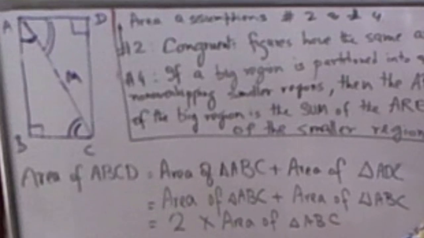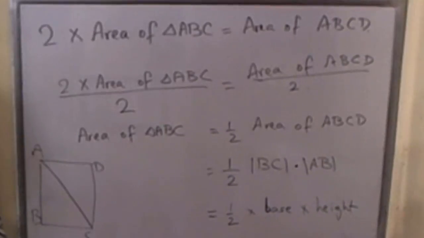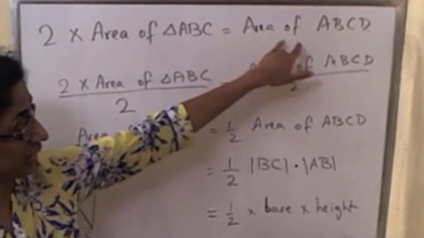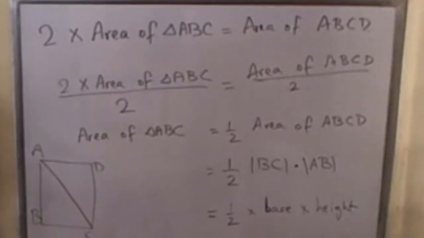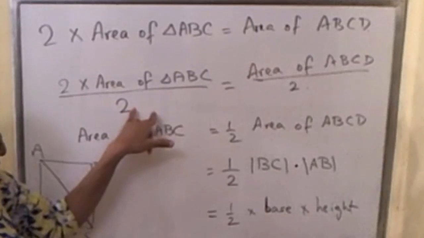So let's go over to the other board and continue this discussion. Here's what we had on the other board. 2 times the area of triangle ABC equals the area of the rectangle ABCD, and this is the picture that we had. Now in this equation, we can divide both sides by 2.